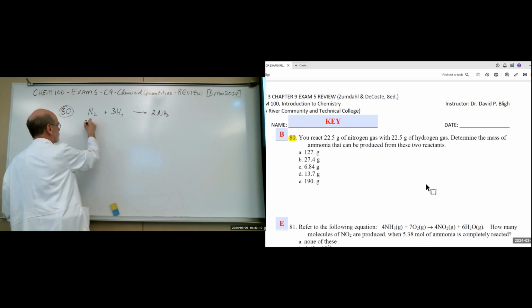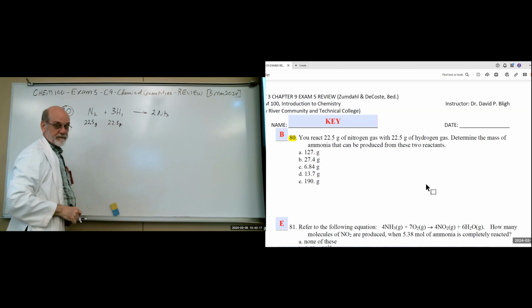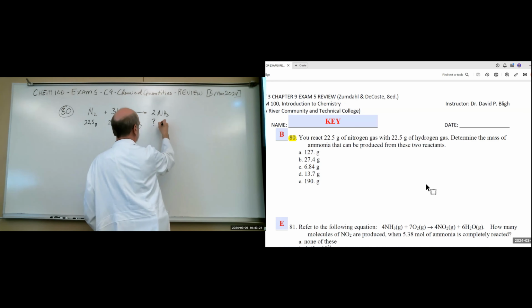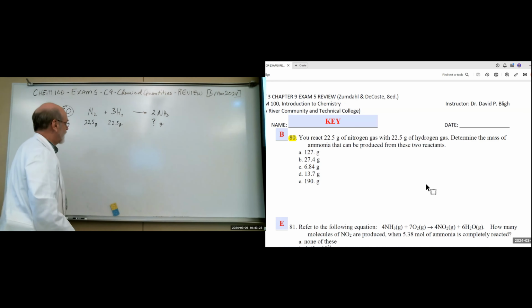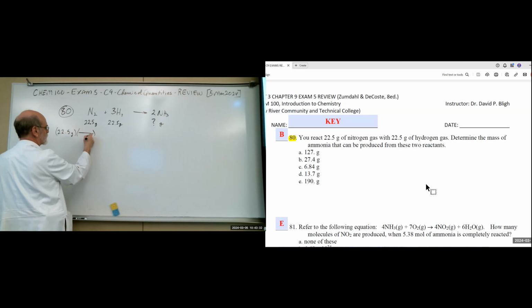22.5 grams and 22.5 grams. Okay, what's the mass of ammonia that's produced? All right, let's find out how many moles of each one there are. 22.5 grams of nitrogen converted to moles.